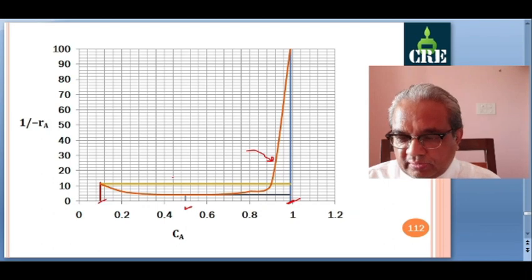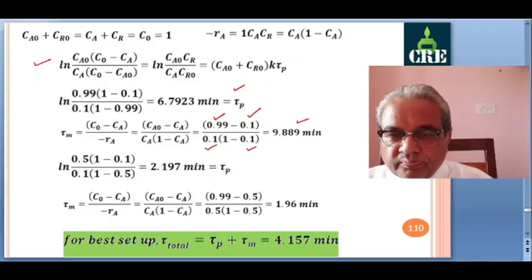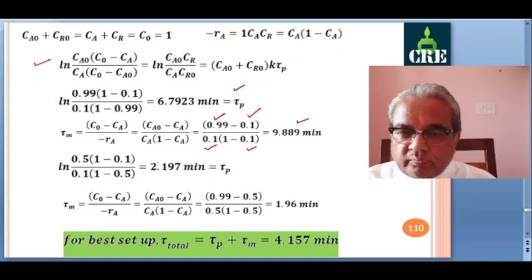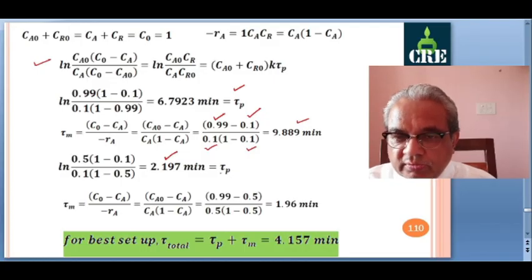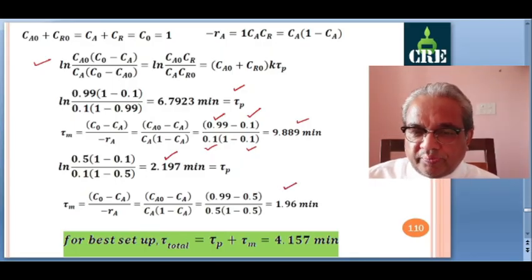If you count the number of squares and multiply by the area of one square, you will get these values: 2.197 minutes tau p and 1.96 minutes tau m.